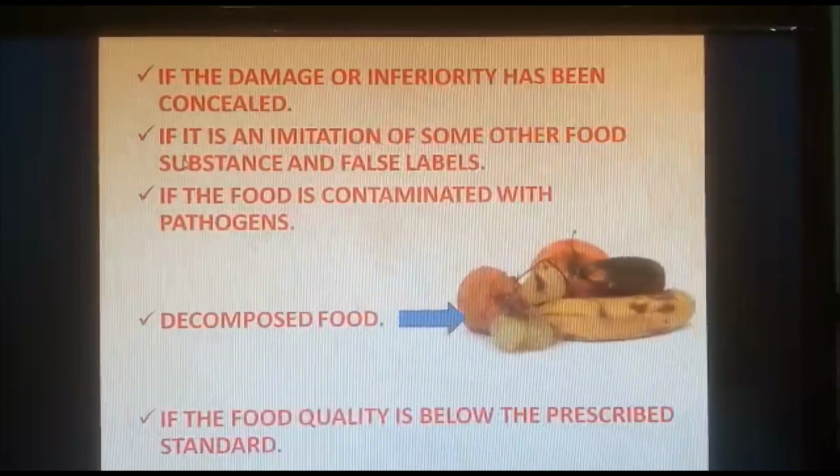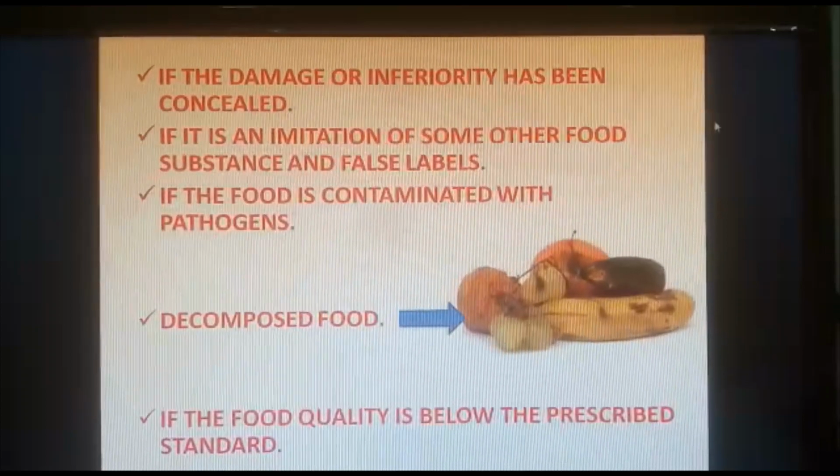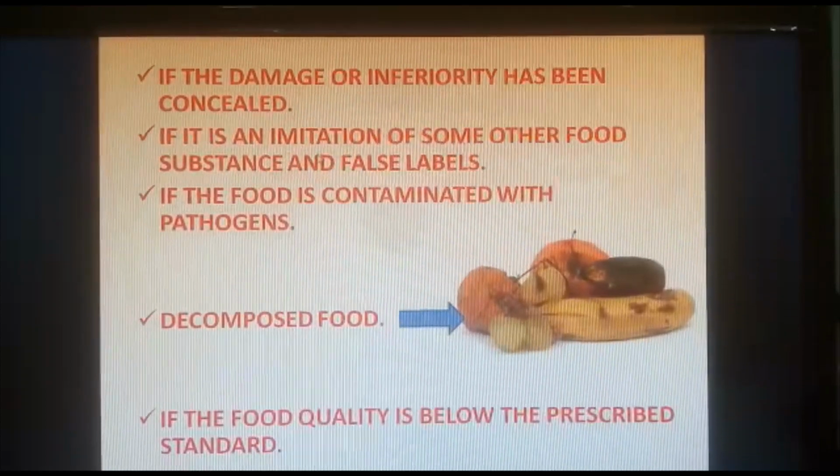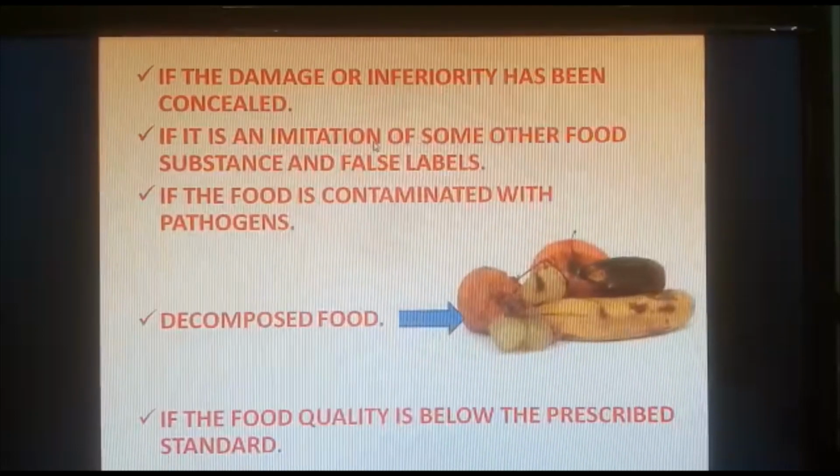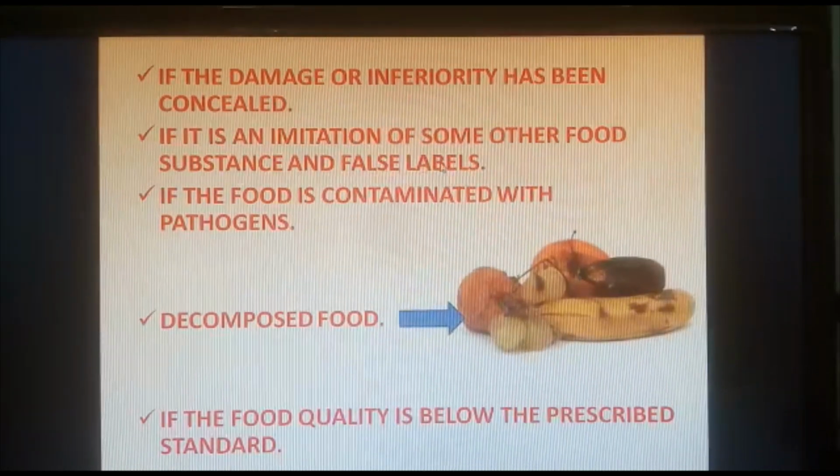Next is if it is an imitation of some other food substance, okay, if it is the imitation of another product, that means misbranding, that means that product also will be considered adulterated. And false labels, as we know, labels means what?